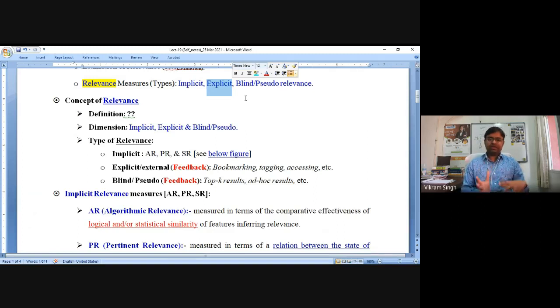So these external interactions will be captured as explicit relevance, explicit interest of the user in the information. These things will be captured as feedback, and it will be utilized for the generation of relevance estimation for the ranking purpose.